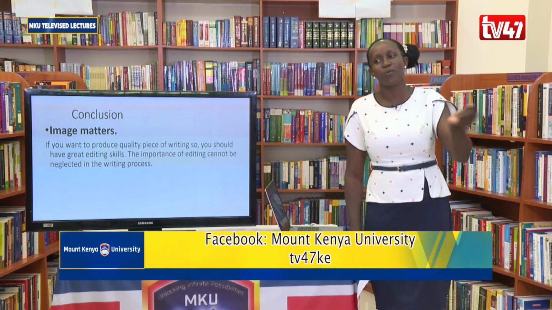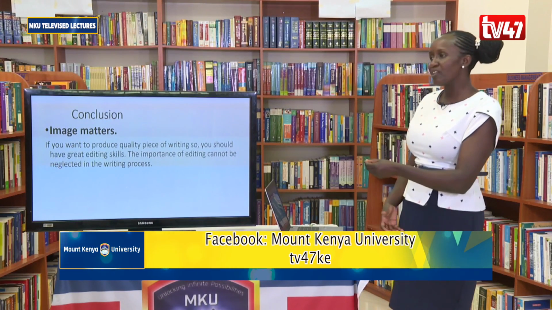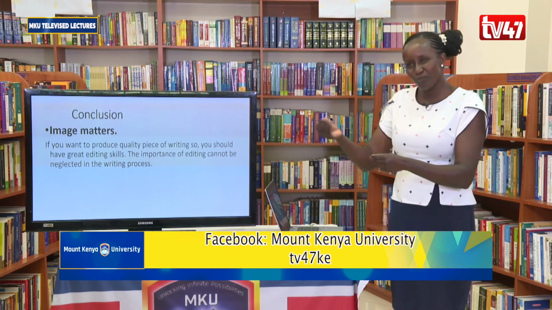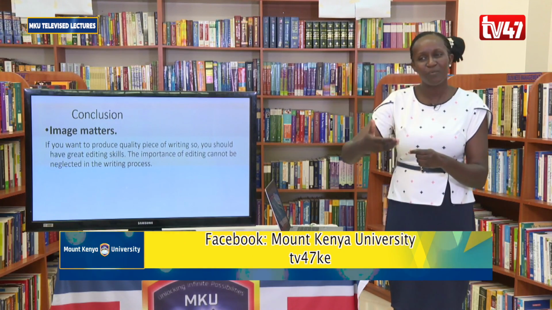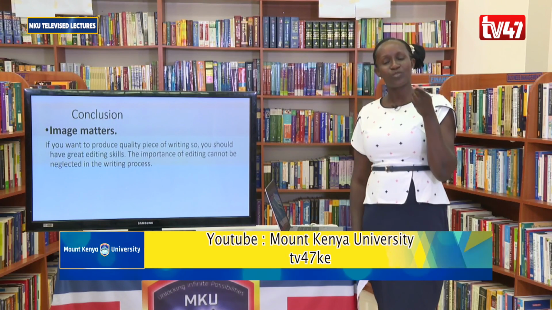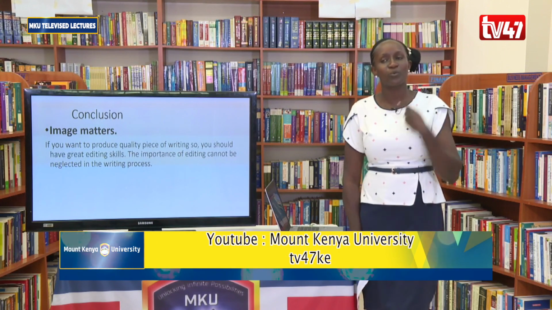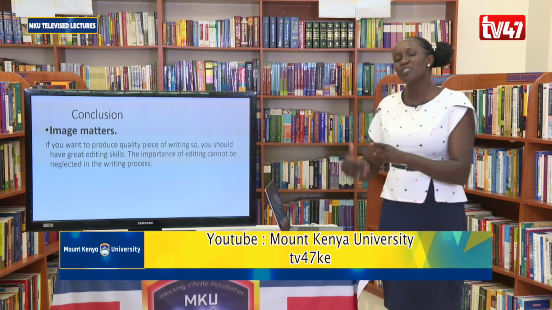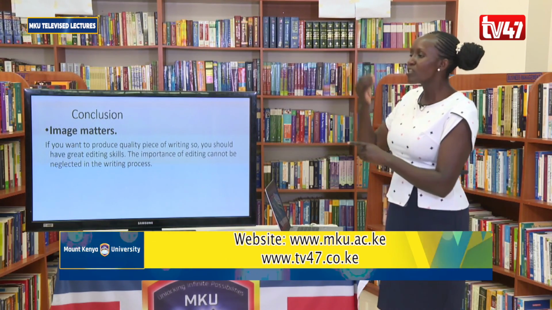But maybe as I was passing, I saw an image on your front page of the newspaper, or on the front page of the magazine, and I told myself I would like to know further what this book is about, what this magazine is about. So it makes me stop and go back, because your layout, your design got my attention.